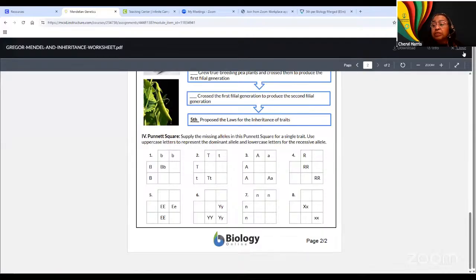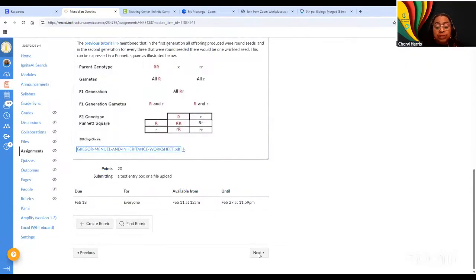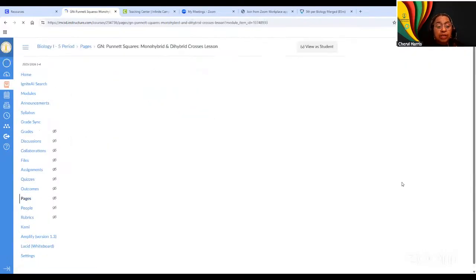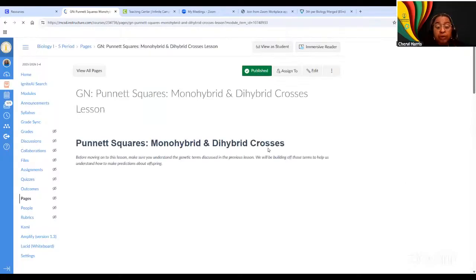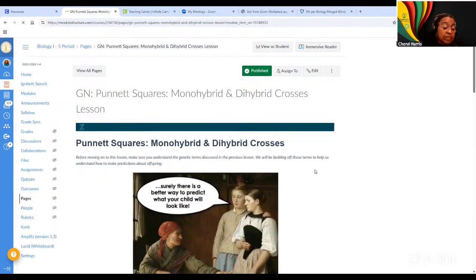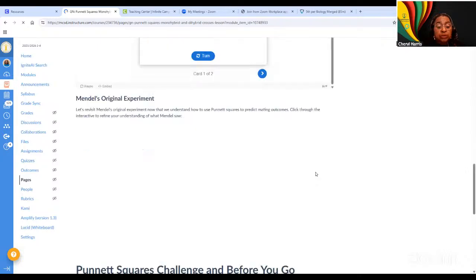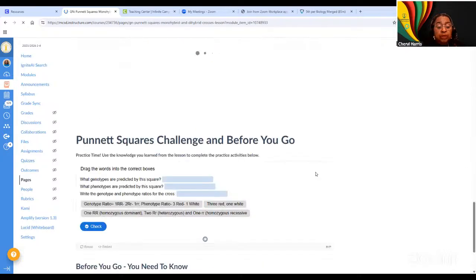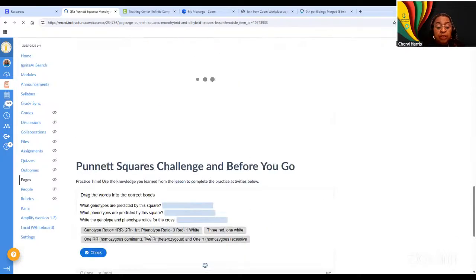Other than that, continue to read this page. And like I said, we're going to be practicing this a lot because then we have to go from monohybrid crosses to dihybrid crosses, so I need to make sure that you know how to do this correctly.